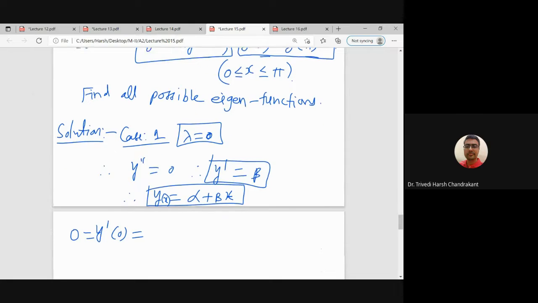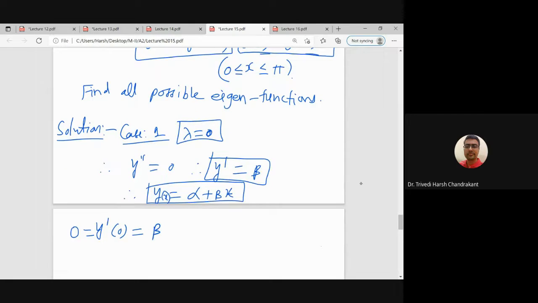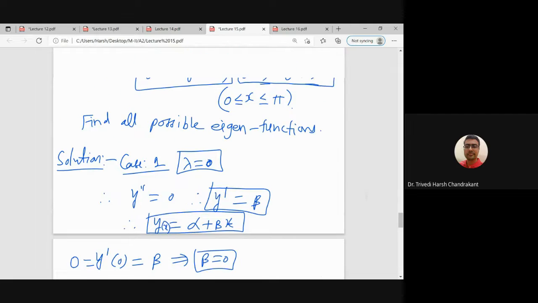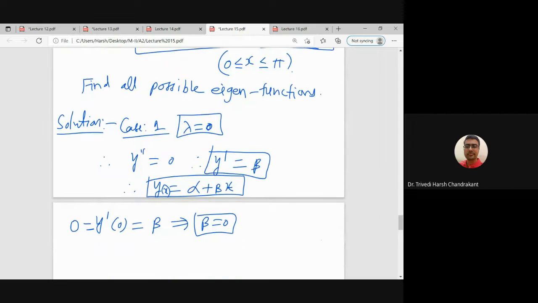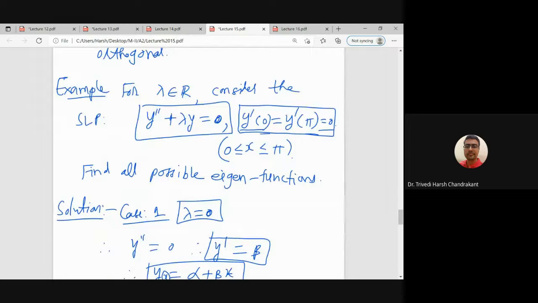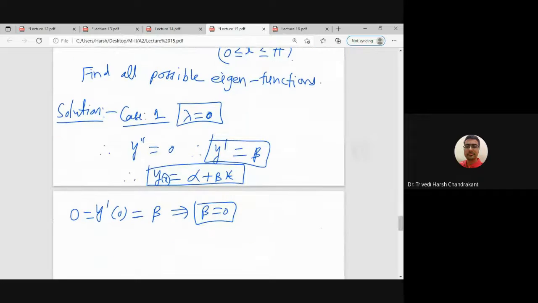Y dash is beta everywhere. For all values of x, y dash is beta. So that will give us beta is 0, right? Using the first boundary condition, y dash 0 is 0, we are getting beta is 0. If we use the second condition, again we'll get beta is 0.